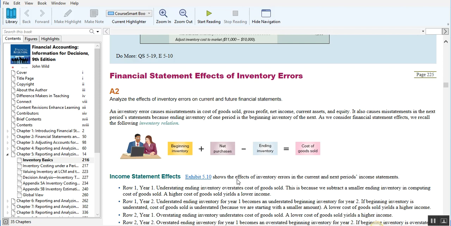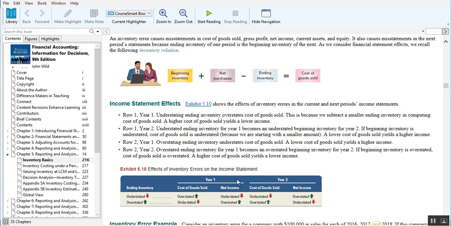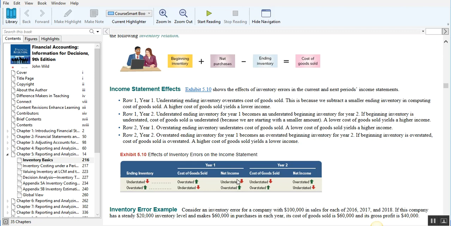Now, when you talk about the financial statement effects, if you misstate inventory in one year, it comes out in subsequent years as well. So, for example, because cost of goods sold and ending inventory are complementary of each other, if ending inventory is understated, cost of goods sold will be overstated, and that means net income will be understated.